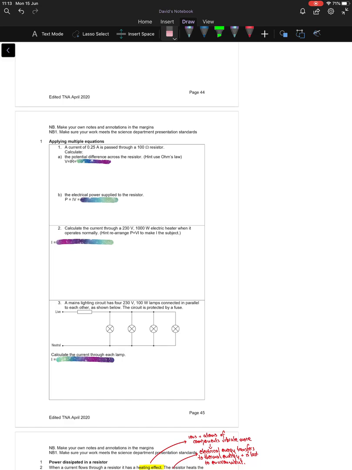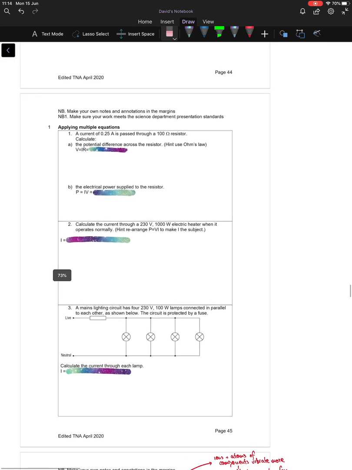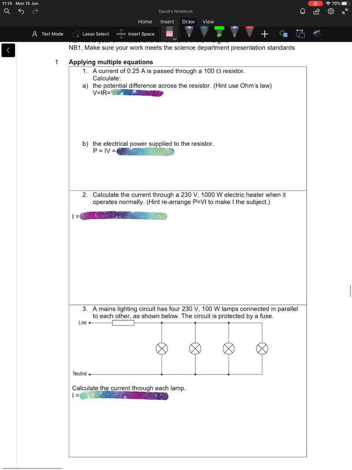Right, let's have a look at the next section where I might have to apply this a little bit more in depth. So, applying multiple equations. So let's work through these together. A current of 0.25 amps is passed through a 100 ohms resistor. What's the potential difference across the resistor? So use Ohm's law.